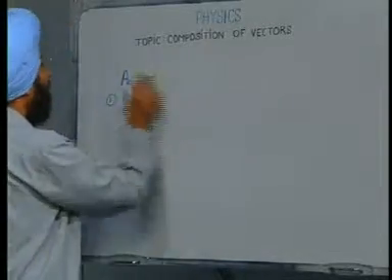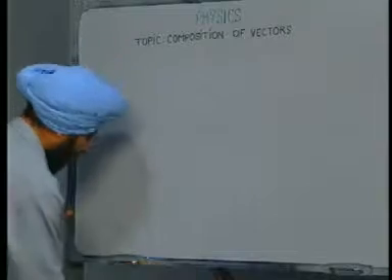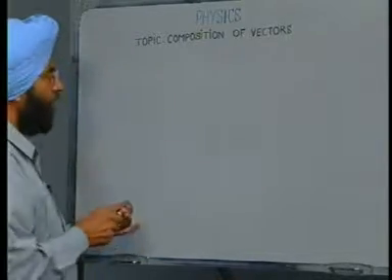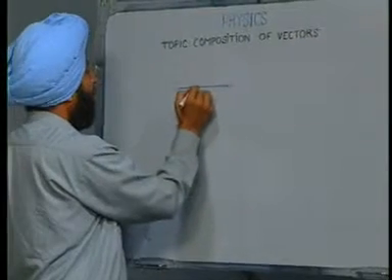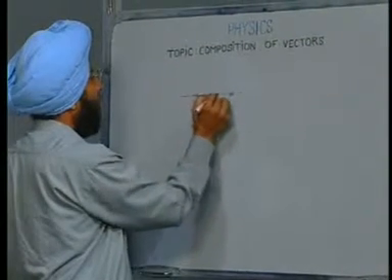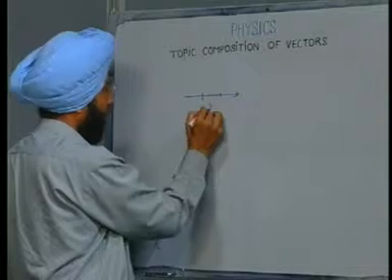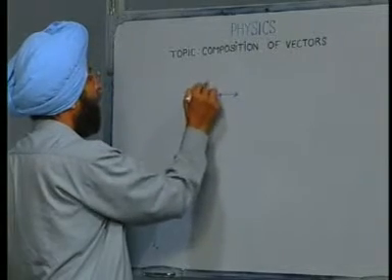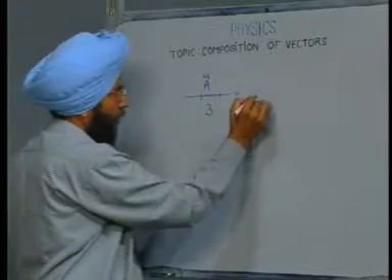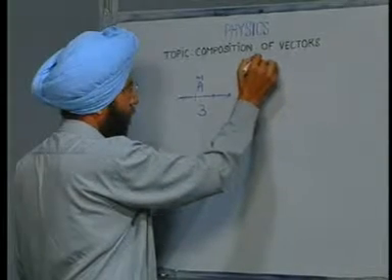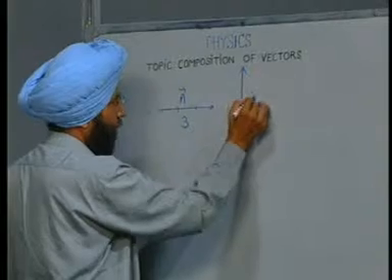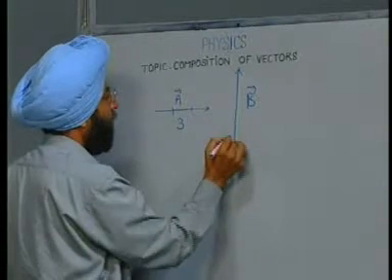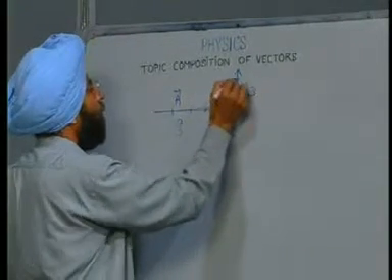Now, if we have two general vectors, let us say one vector A with magnitude 3 units, and another vector B with magnitude 4 units.